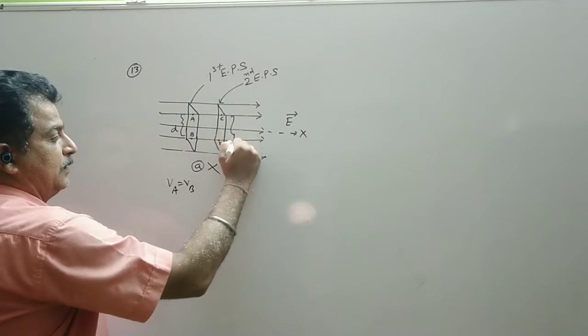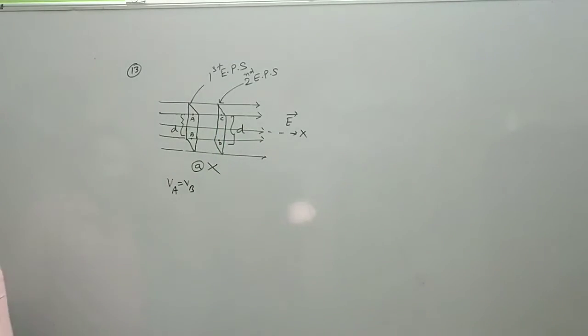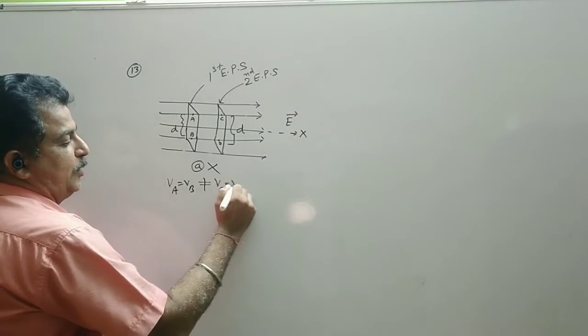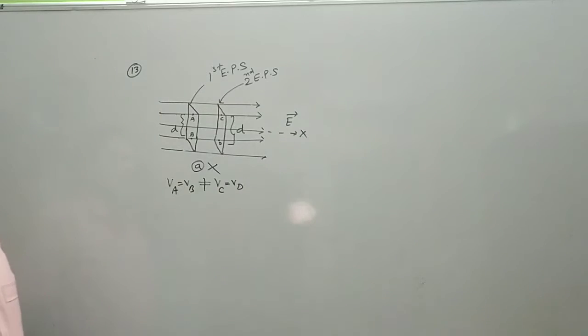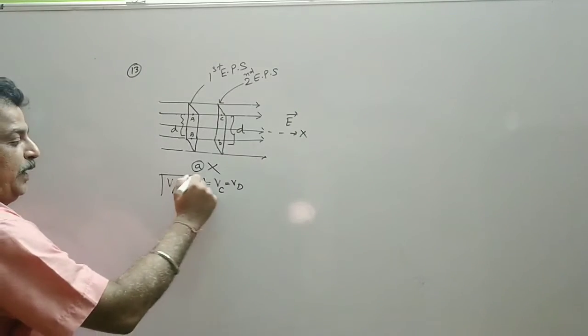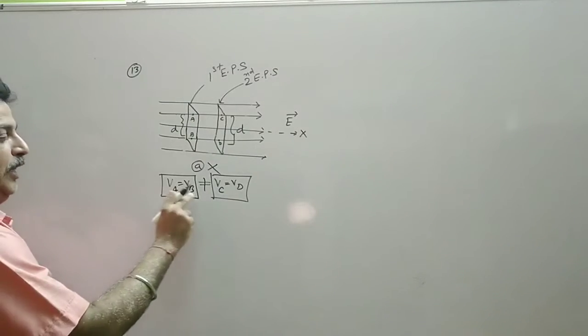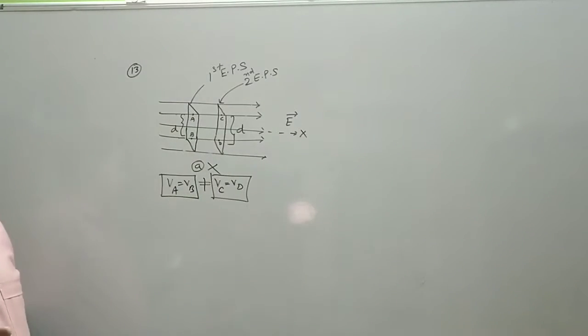Now the same distance, another pair, but VC is equal to VD, not equal to VA. So if I consider this as one pair and this as another pair, the distance between AB and CD is same, but their potential is not same.